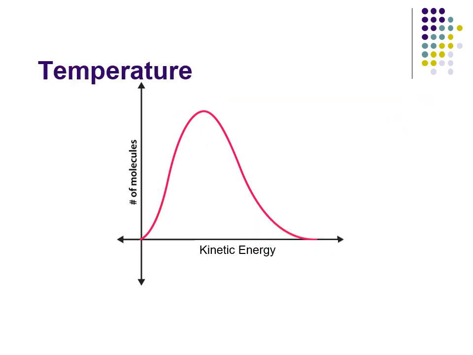Temperature, a little bit trickier to understand, but again, same thing. There's going to be some, again, potential energy. Let's imagine an exothermic reaction. There is some amount of energy that needs to be overcome to allow this reaction to go from reactants to products.